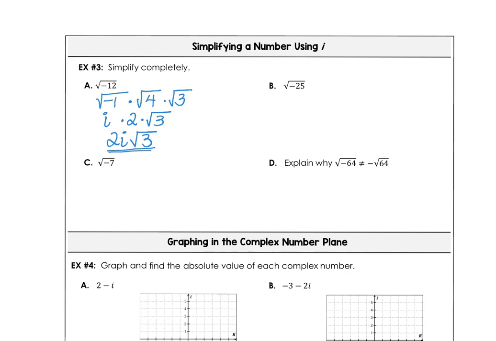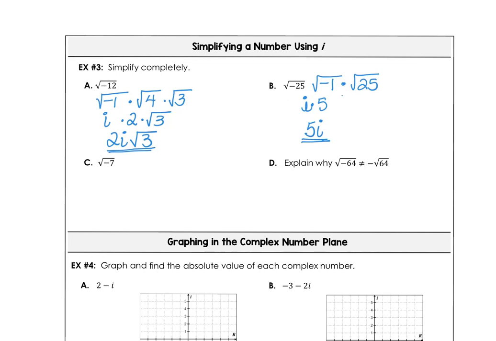The square root of -25 would be the square root of -1 times the square root of 25. So first the imaginary number, and then the square root of 25, which is 5. But we don't want to leave it in that form, i times 5. We want to put the i at the end because that's common notation.